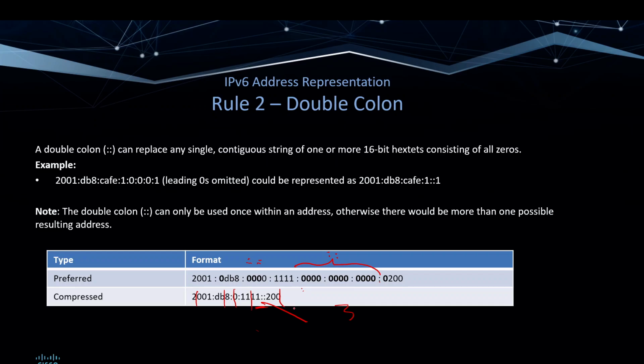Since the total hexsets are 8, subtract 5 from 8, and you get 3 hexsets remaining right there. If we do it twice, here and here, then we don't know how many hexsets are here and how many are here, so it causes confusion. So we only do it once per IPv6.